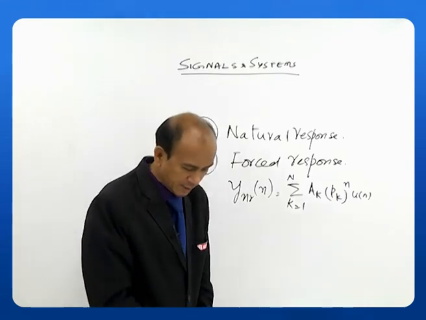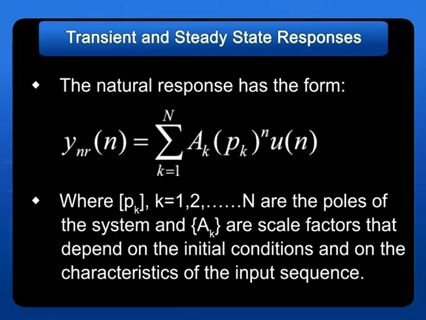So let us see what this is, where p_k, k is equal to 1 to N, are the poles of the system, and the factors a_k are scale factors that depend on the initial conditions and on the characteristics of the input sequence.